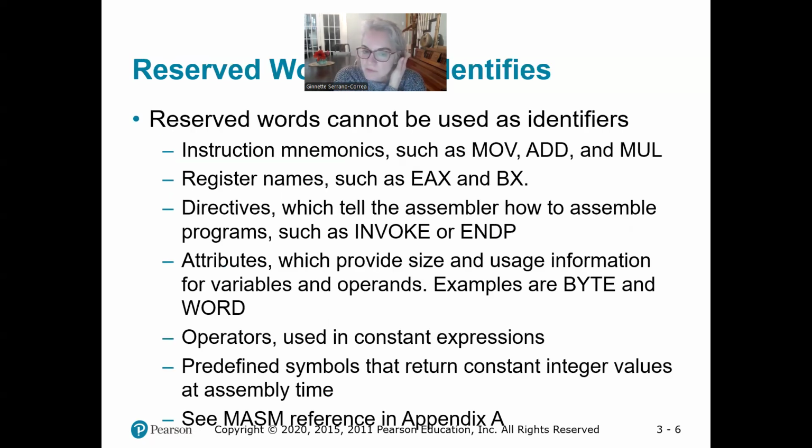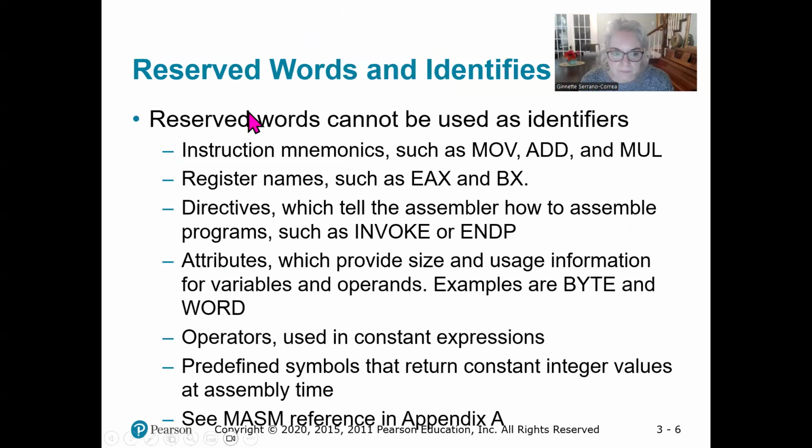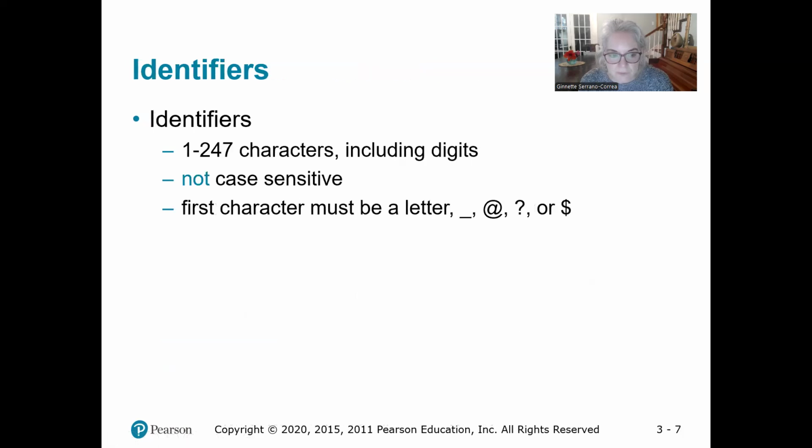So the identifier rules for assembly are the following. Just like in high-level languages, they cannot be a reserved word. We'll look at reserved words in a minute. They can be between 1 and 247 characters. They can have characters, and these would include digits, and this is how big it can be.